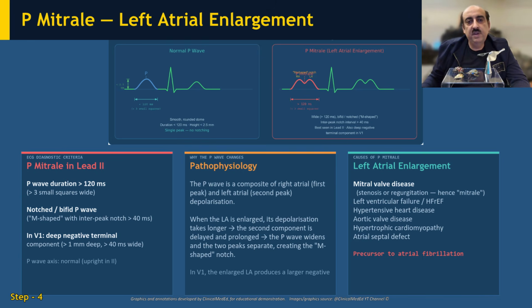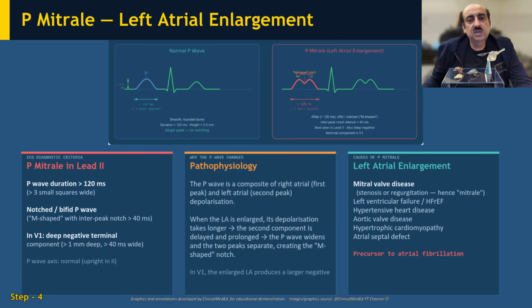In terms of left atrial enlargement in P mitrale, both right and left atria contribute to the atrial depolarization. So whenever there is left atrial enlargement, that leads to increased mass of the left atrium. That's why it produces a separate hump or M-shape, due to its own weight and volume of the depolarization, should we say.